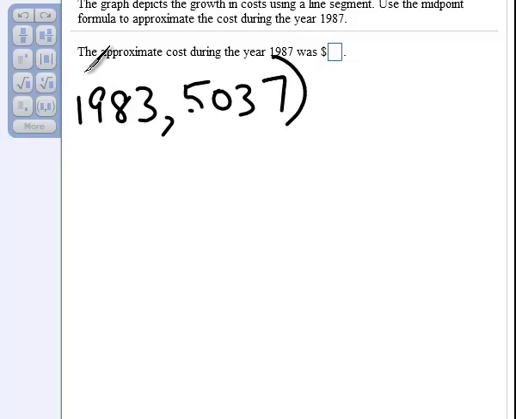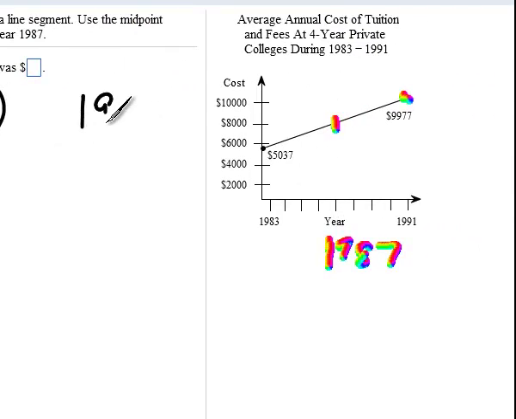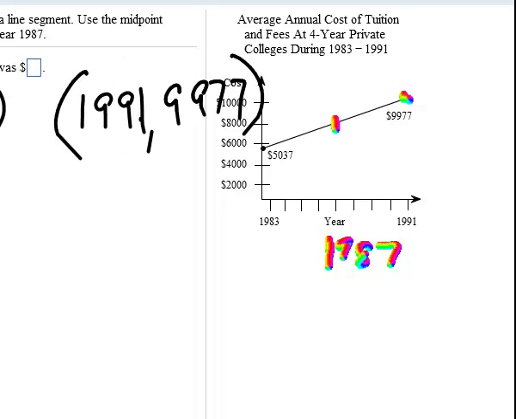And then the other one, 1991, is 9,977. So you have to get the values straight off the graph, since they want to know from 1983 to 1991.